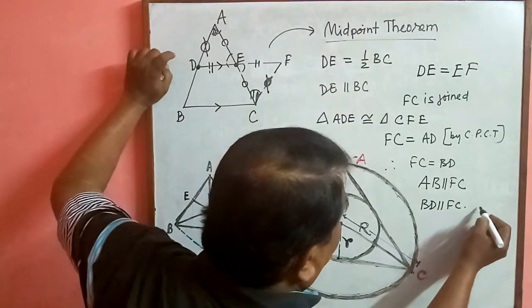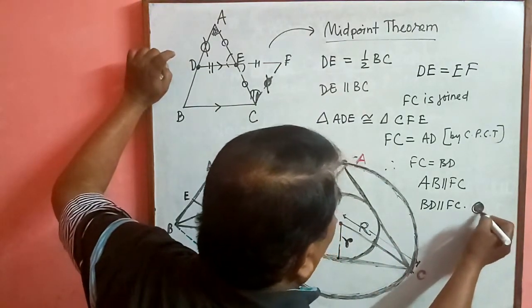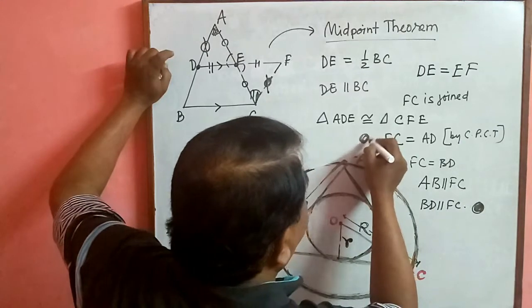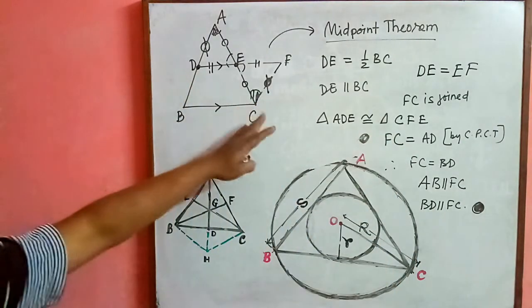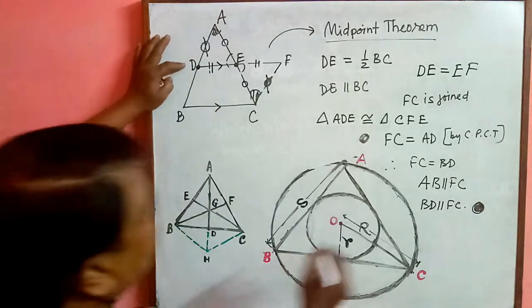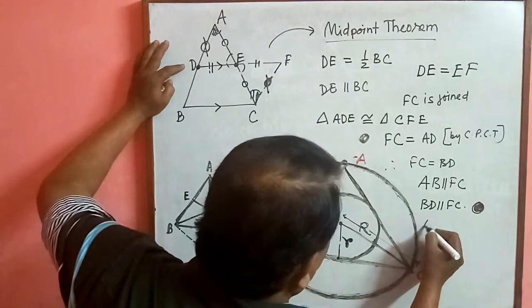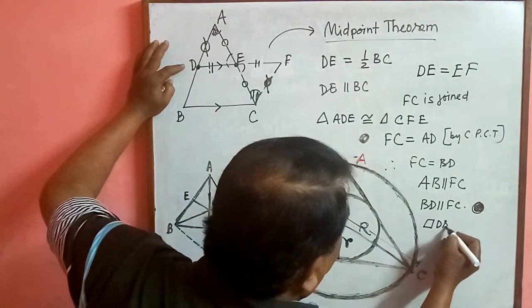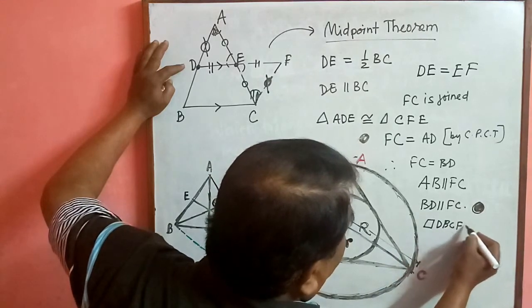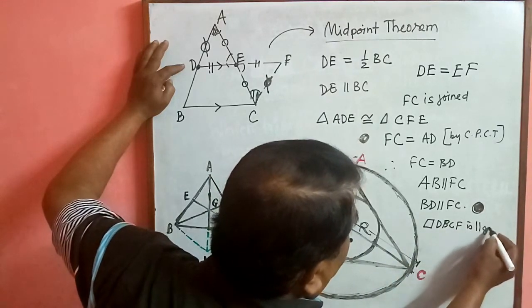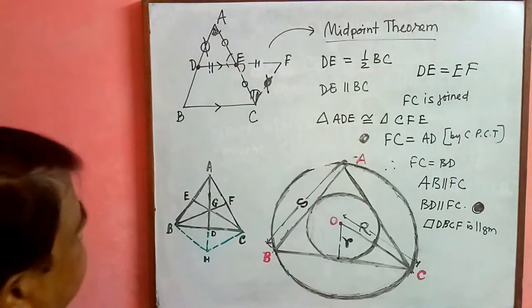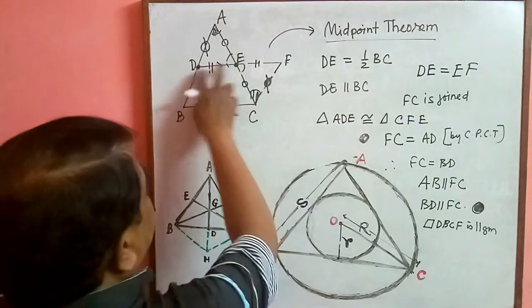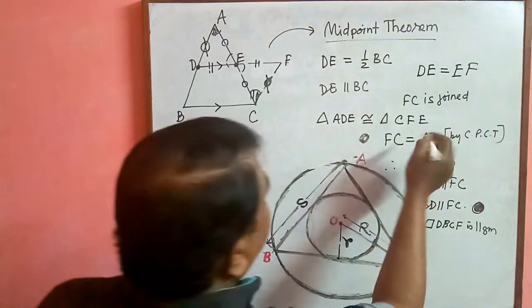So this is a parallelogram. Thus, with the connection of this one and this one, opposite sides are equal and parallel. So DBCF is a parallelogram. Now it's very clear. DE is parallel to BC, proved.